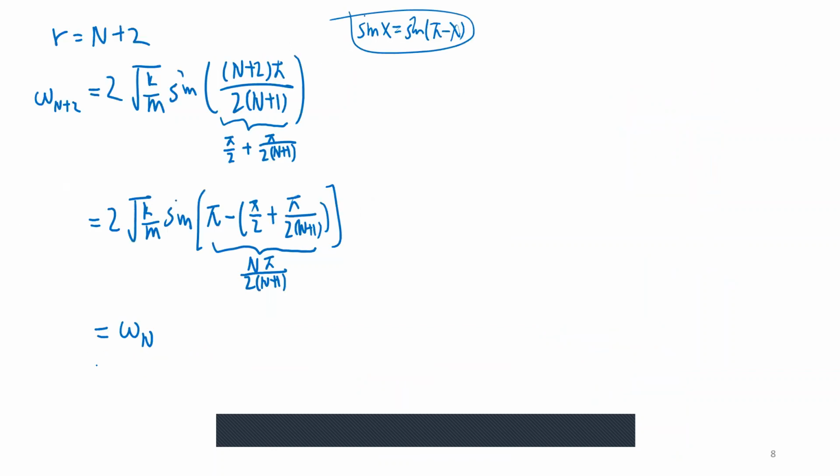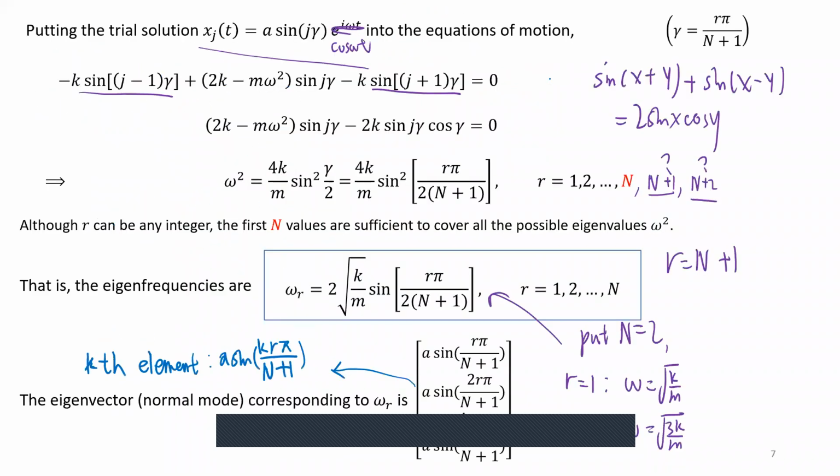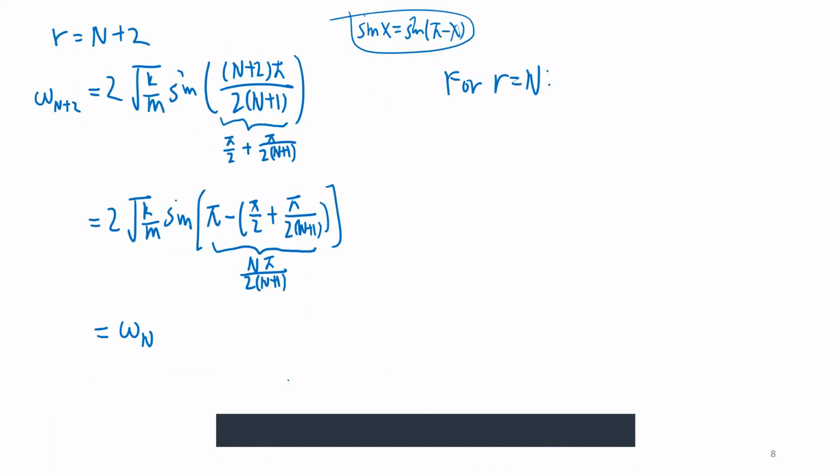Therefore, for r equals n, the kth element of the eigenvector would be this.